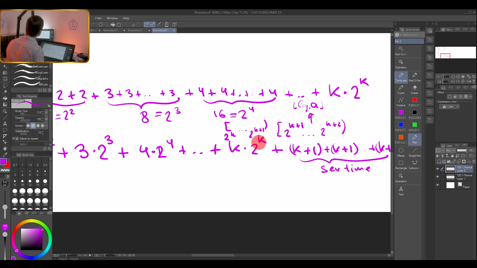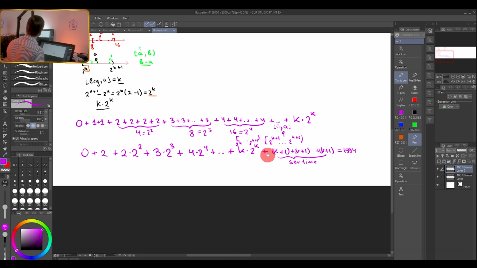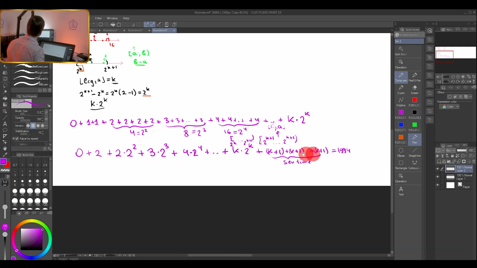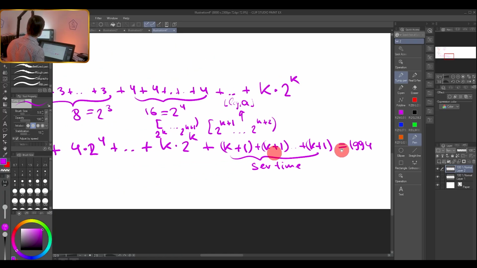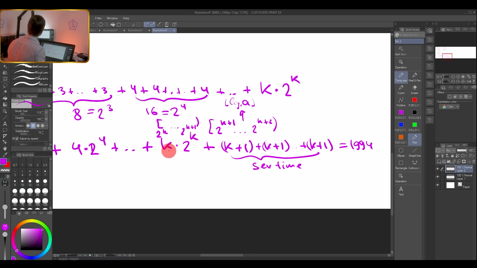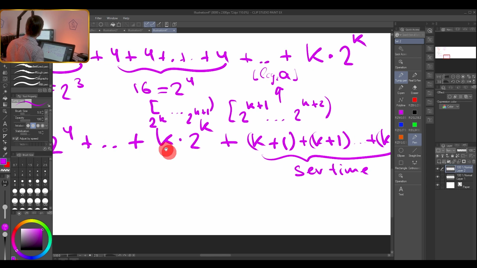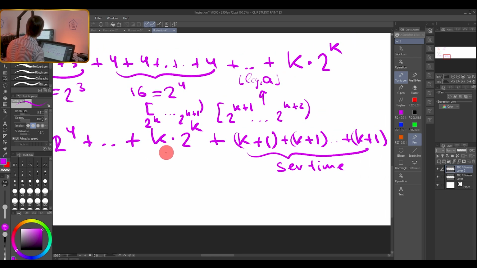For example, if k equals 10, 2 to the power of 10 is 1024, and 10 times 1024 is already 10,000, and this sum on the left is already way larger than 1994. So even k equals 10 is not admissible for us. It's way too large, and so we should just guess the value of k that will probably work for us.